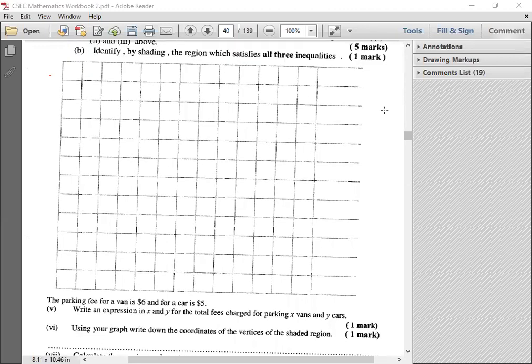So I'm going to put up my graph. Please note the inequality for me. X plus Y is less than or equal to 60.